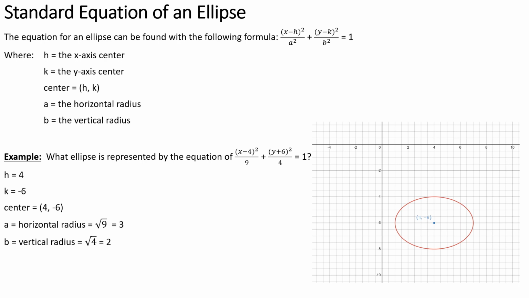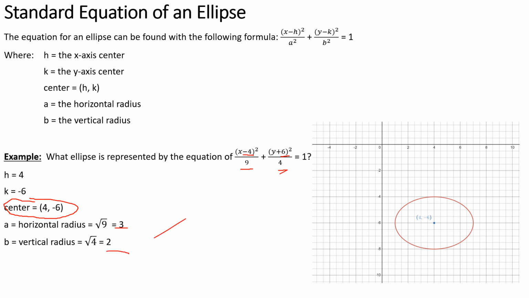So that means my center point is going to be at 4, negative 6. And what is my horizontal radius? If 9 is a squared, then the square root of 9 is 3. So it's 3, and then my vertical is 2.